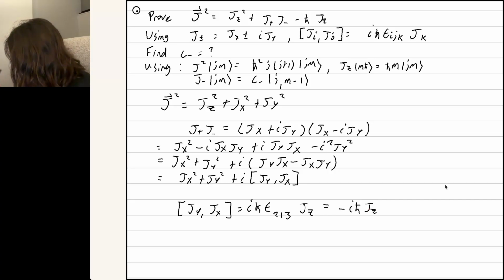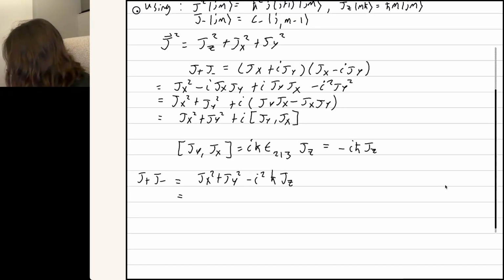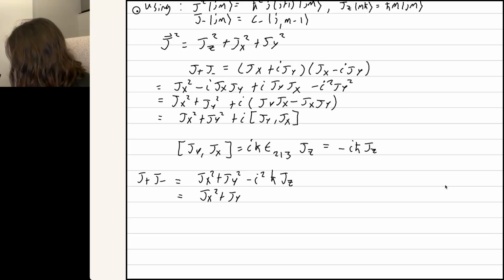Putting that back into our definition of j plus j minus, you'll have jx squared plus jy squared minus i squared h bar jz. And then if you square the i, it's all plus on this side.